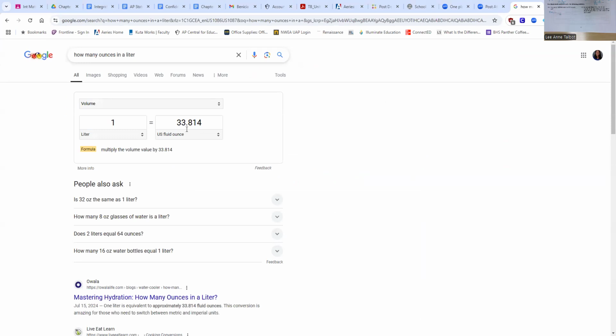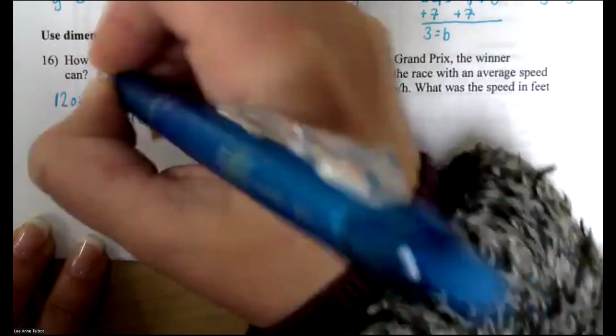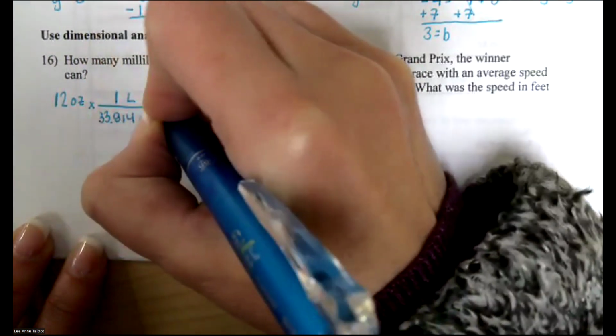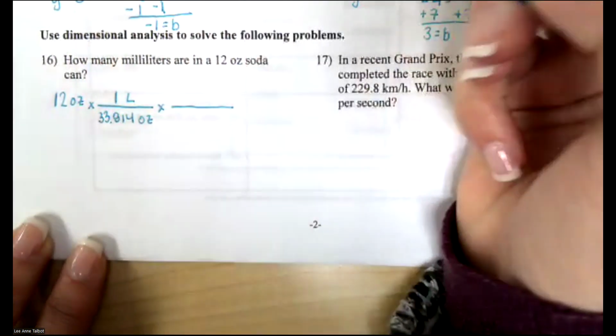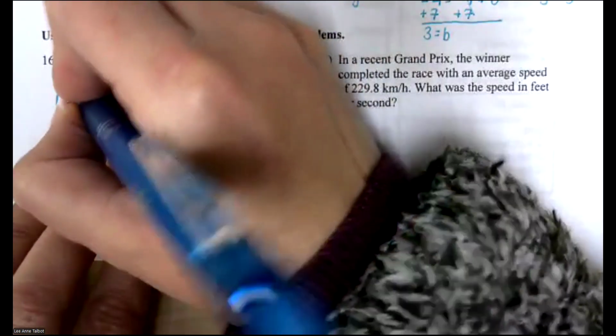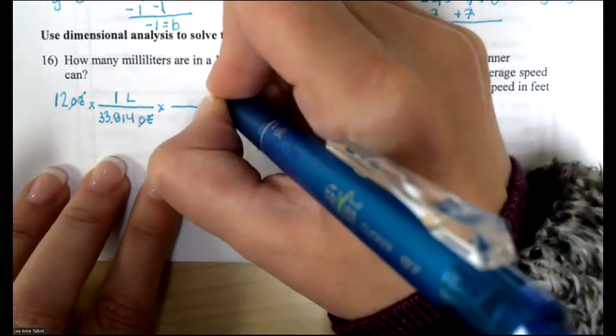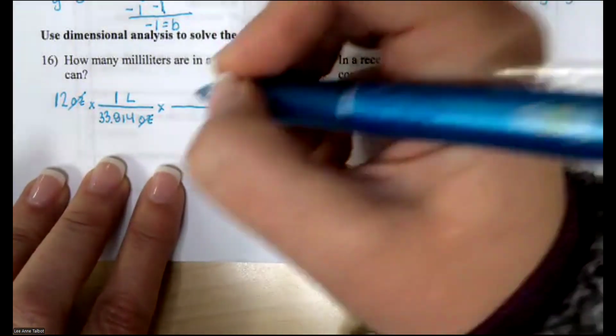33.814 ounces in a liter. Okay. 33.814 ounces in 1 liter. Okay, and then 1 liter has how many milliliters? 1,000.